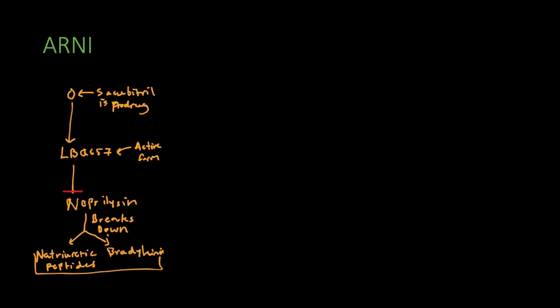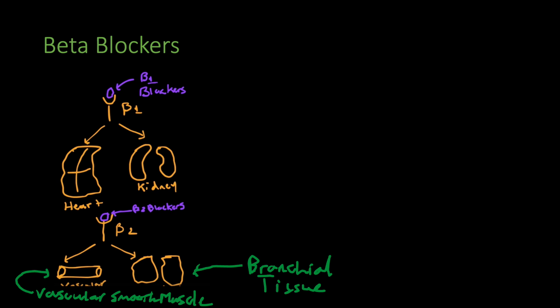So by blocking neprilysin, you're preventing the breakdown of those other peptides. That's basically what this mechanism is. It's just going to prevent this enzyme from doing its work. So at least have a basic idea of how ARNI works.